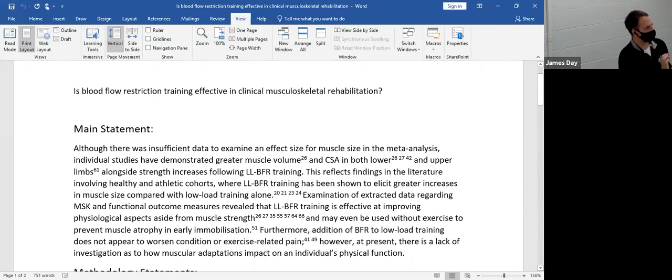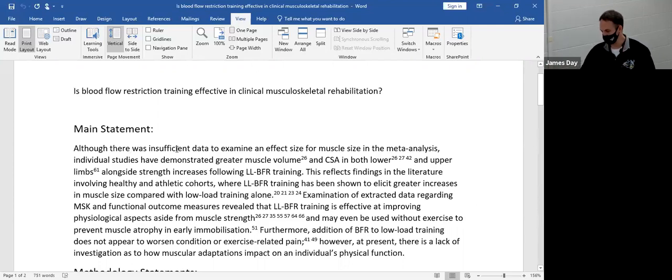So this is what I would create as far as my main statement in this. I have to answer this question: is blood flow restriction effective in clinical musculoskeletal rehabilitation? So I'm going to open up my paper with a bang, basically making statements about that. So here we go.